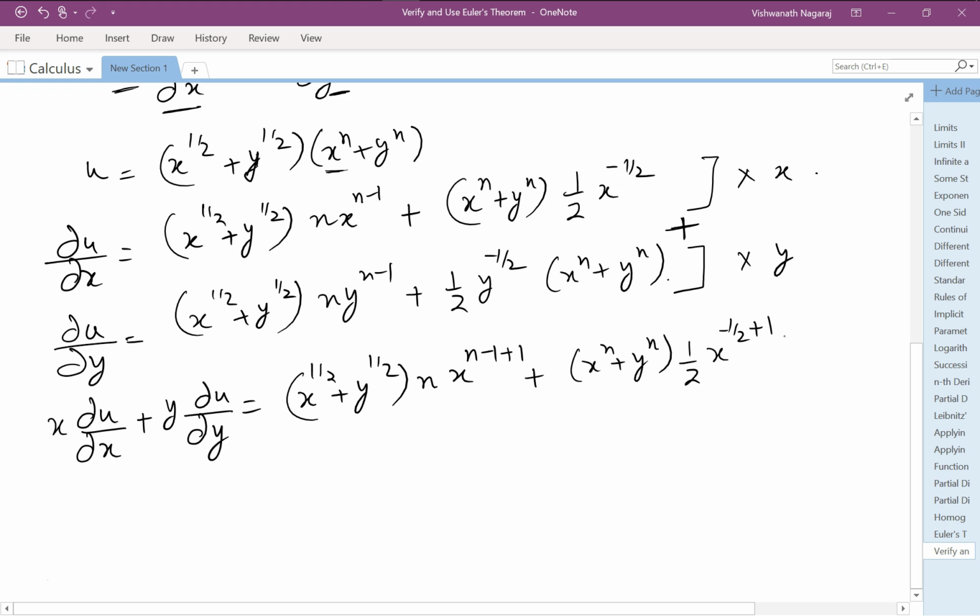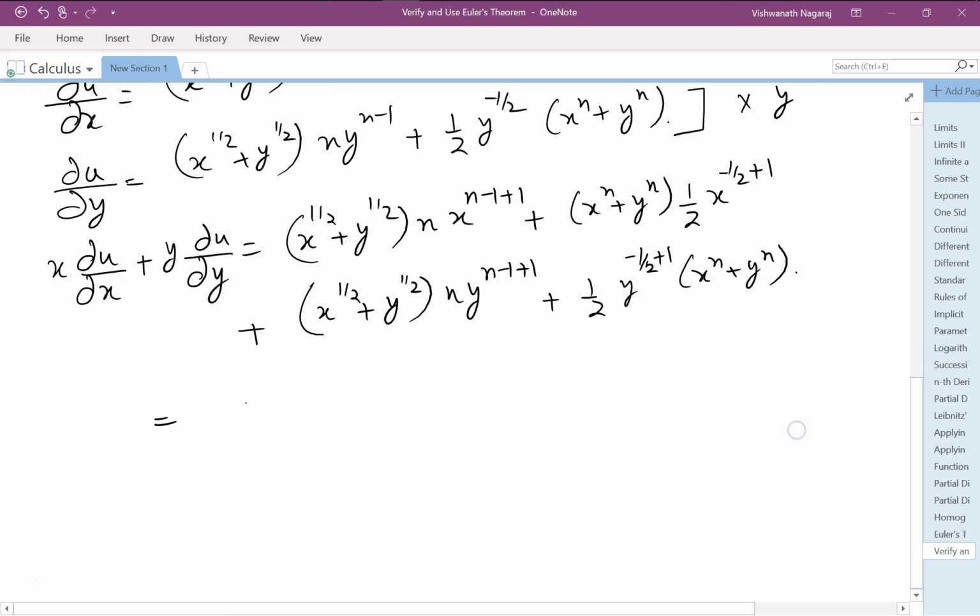Yes, now we are adding this to dou u by dou y multiplied by y. So x to the power of half plus y to the power of half times n y to the power of n, plus half y to the power of minus half plus 1 times x to the power of n plus y to the power of n.